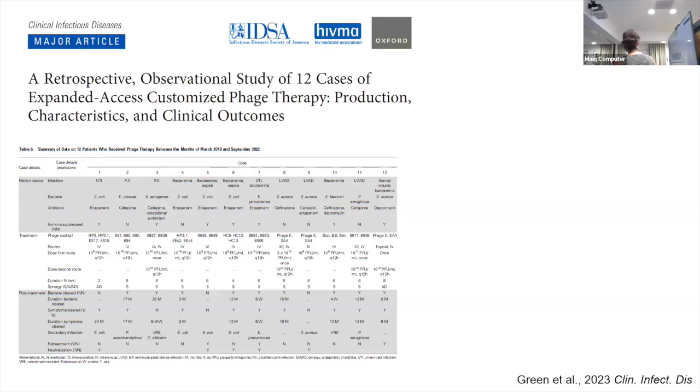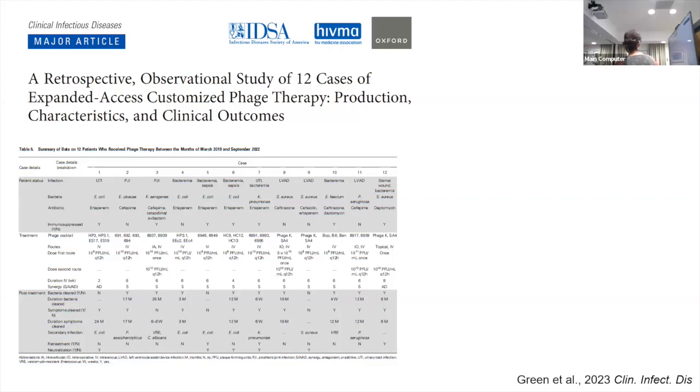It was various treatments for UTI, bacteremia, prosthetic joint infections, different wound infections, different device infections with different bacteria: Staph aureus, E. coli, Klebsiella, Pseudomonas.